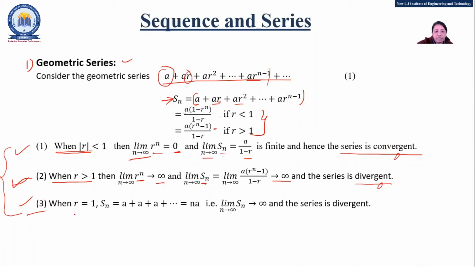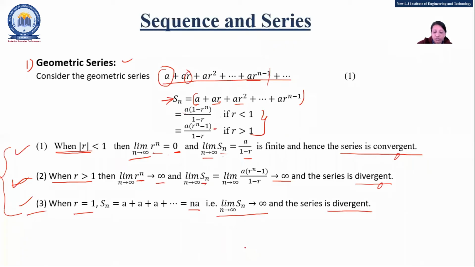Now when R equals 1, you can see A plus A plus A, so it is nA. When n tends to infinity, obviously Sn tends to infinity and the series is divergent.